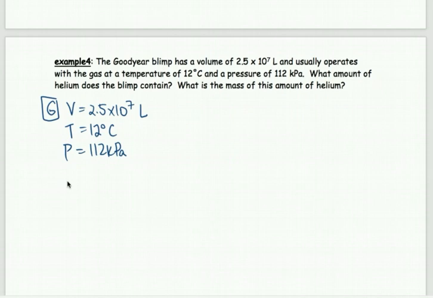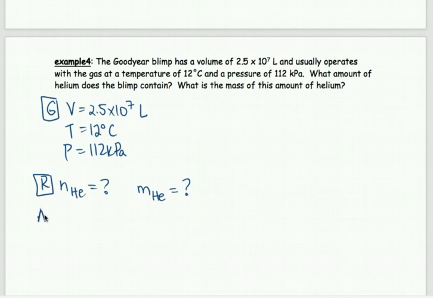We want to know what amount of helium the blimp contains, so we want N for helium. After that we need to find the mass of helium. So we want to know how many moles of helium, and then the mass.